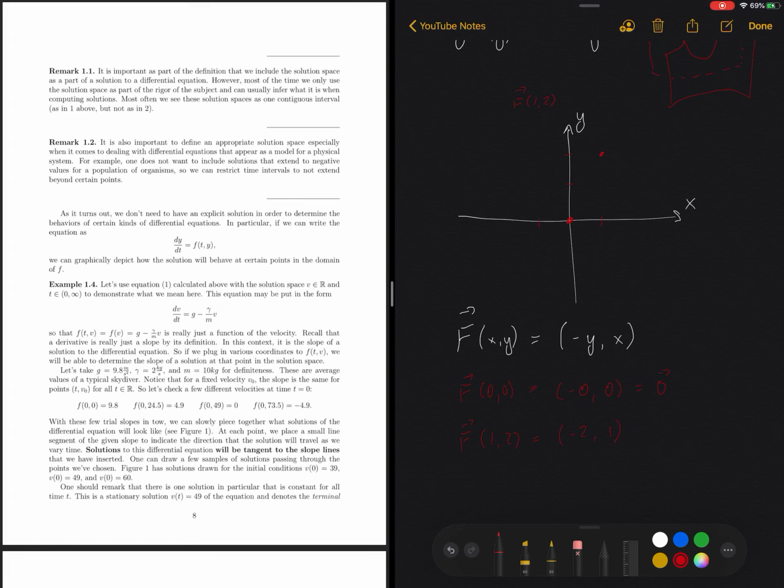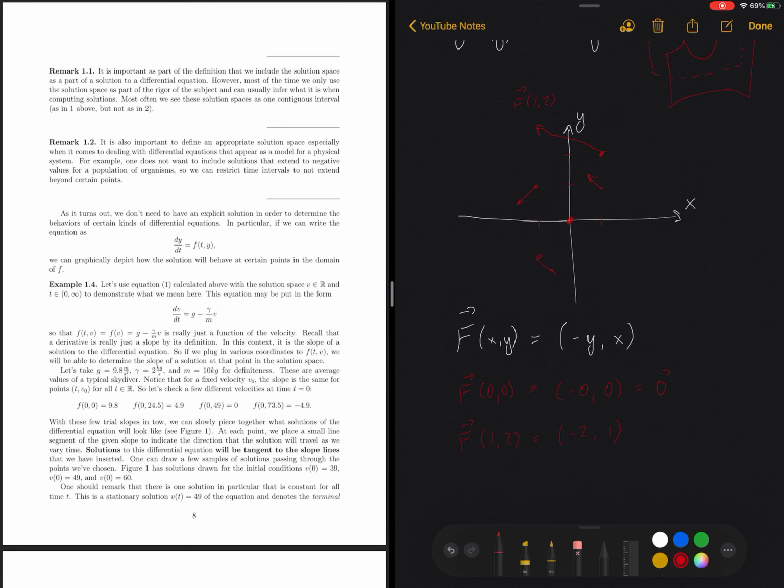This is a vector that points, well, maybe it looks a little long. Let's make sure I do this correctly. Go ahead and let me know how good of a job I'm doing here in the comments. There we go. So that's a more appropriate vector, a vector based at the input point, and it tells us that there is a direction and a magnitude associated with that point.